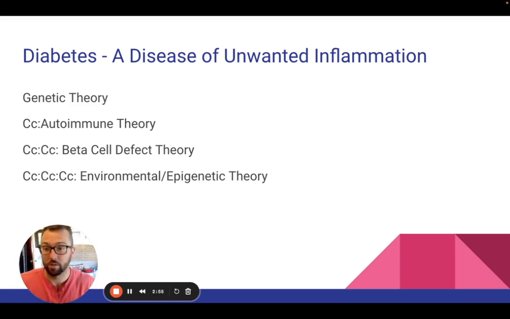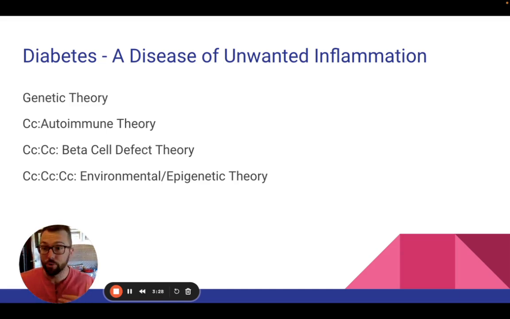Genetics was a huge front in finding more out about type 1 diabetes. It had been assumed for a long time that type 1 was genetic, and it was written in your genetic code. There was nothing you could do about it. Then came in the autoimmune theory and the beta cell defect theory, relating that it wasn't necessarily an immune problem or a genetic problem, but rather that our beta cells actually were dysfunctional, and that was the reason for our diabetes.